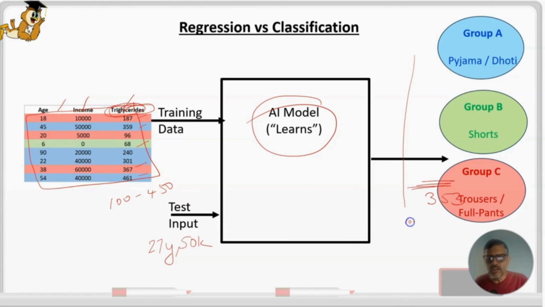So let's say 100 to 101, 101 to 102, 102 to 103. These are all categories, right? And then, instead of putting the numerical value, you could put the class and make this into a classification problem.